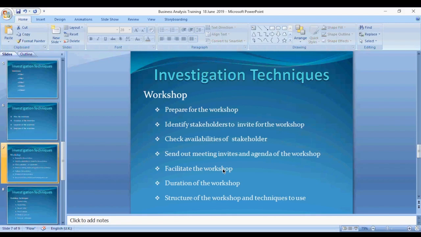Then after the break, you resume your workshop and continue your requirement gathering. So the workshop is not limited to 1 hour. It could be 3, 4 hours, but definitely you'll have a break in between, just for them to be able to relax, stretch their legs, or have a tea or coffee break as well.